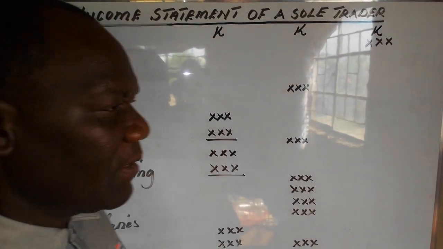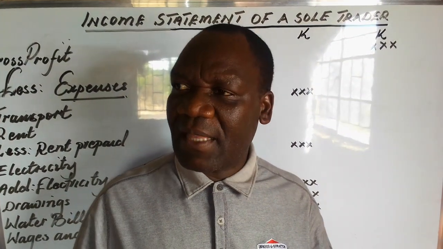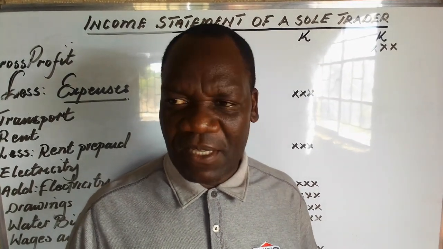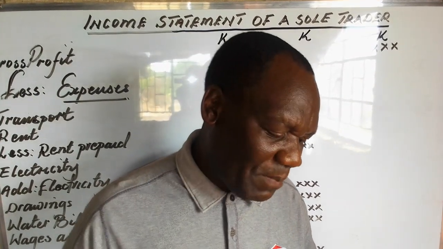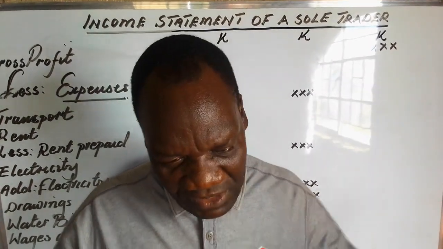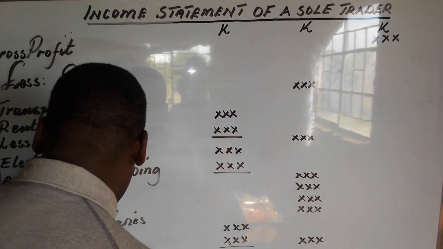Then the other expense: automatically every business has an office. You need to buy plain papers, reams of plain papers, specifically for the office. So office stationery, let me put it in that way.